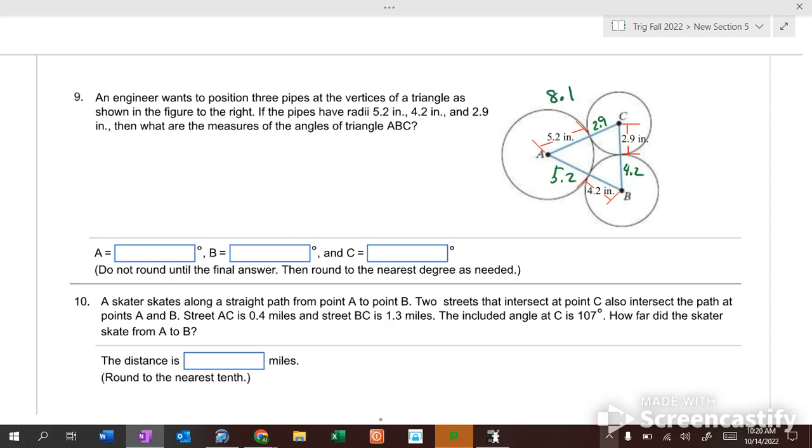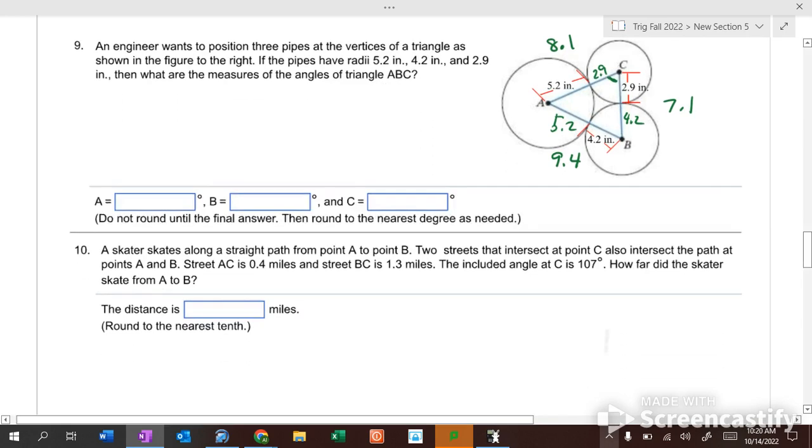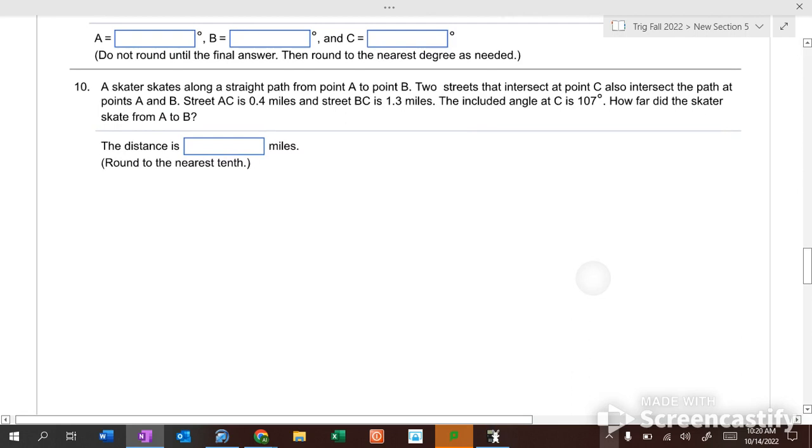This side is 7.1. And this side is 9.4. And you do law of cosines to figure out each angle. Law of cosines, and then you can figure out law of sines, but I would figure out angle C first because it's opposite the longest side. Okay?